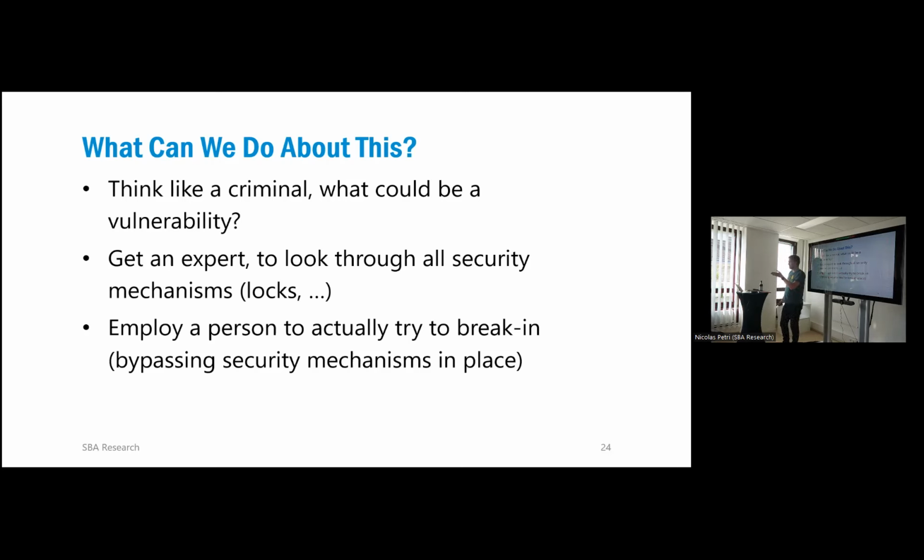They would then maybe test, as he said, whether the windows or the doors are actually locked all the time, because they would really try to break in, maybe look at the apartment and see, okay, I didn't lock the door, and they will go in. So this is basically bypassing some security mechanisms, which I guess none of us would do in their private home or apartment, but this is maybe something that a company would do, for a company that is highly secured.